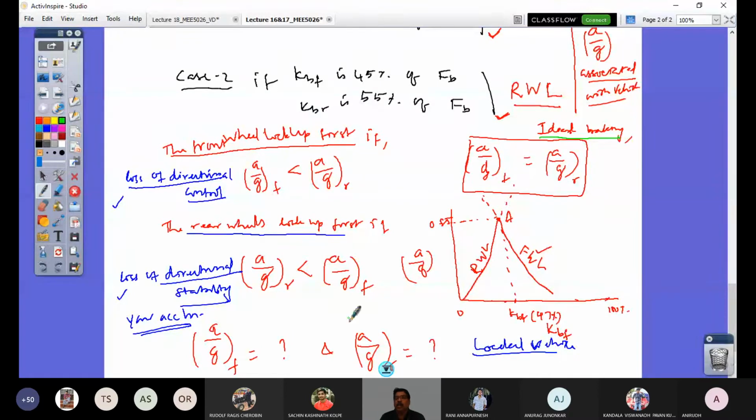So you see that this A by G associated with the rear wheel lock can be plotted. It will be this curve, this line.